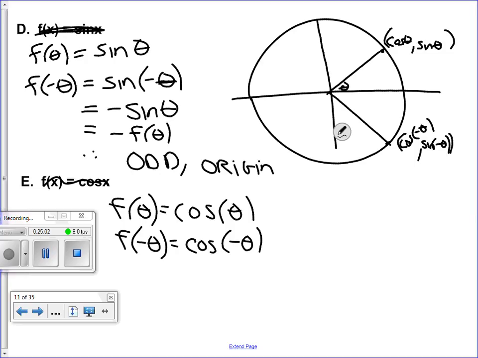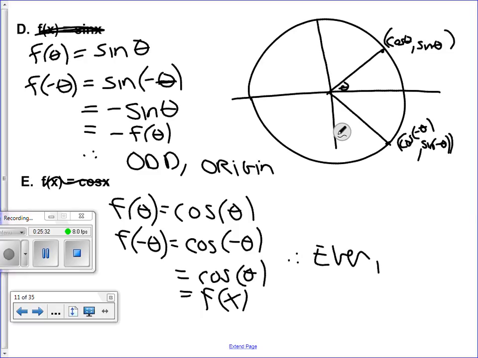Do you think that the cosine of theta, the x coordinate of this point up here, is the same, opposite, or neither? Same. You guys all agree? So it's equal. So cosine is what type of function? Even. So therefore, cosine is an even function.